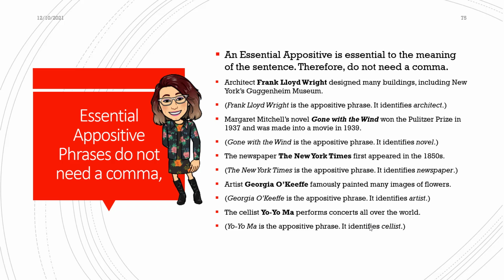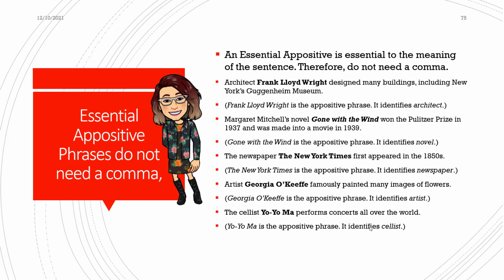If an appositive is essential to the meaning of the sentence, it does not need a comma. So if you have to have that clause in that sentence, then don't use a comma. If that appositive is just extra information, then you have to use the two commas.